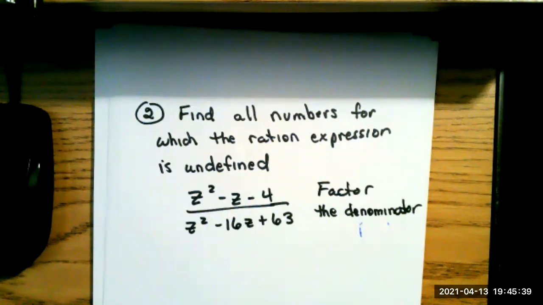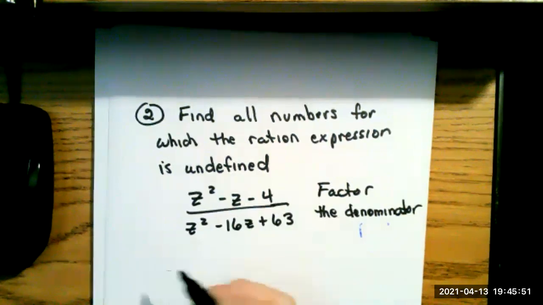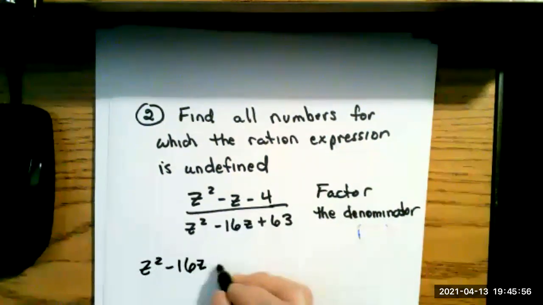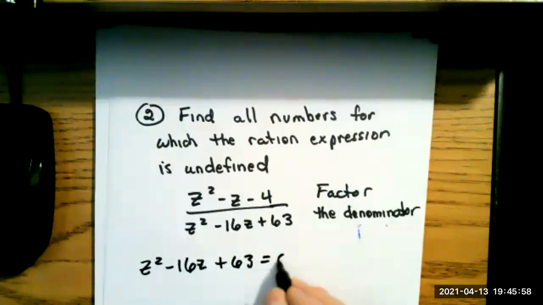And you're not trying to find vertical asymptotes. You are trying to find the places that are undefined. So just use the bottom and factor it and see what happens. z squared minus 16z plus 63 equals 0.